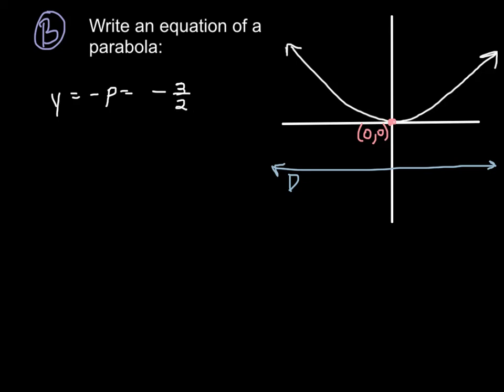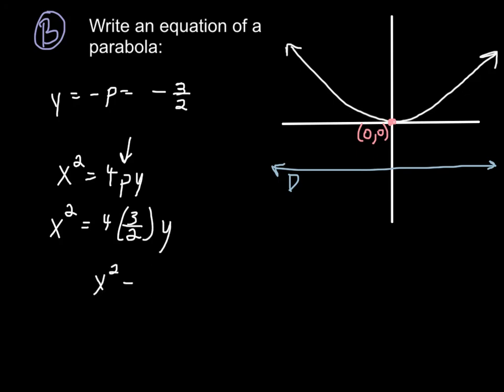We will substitute 3 over 2 for p in the standard form of the equation of a parabola, according to our textbook. So we're going to have x squared equals 4py, and for this p here we will substitute 3 over 2. And then we're going to simplify, and we get x squared equals 6y.